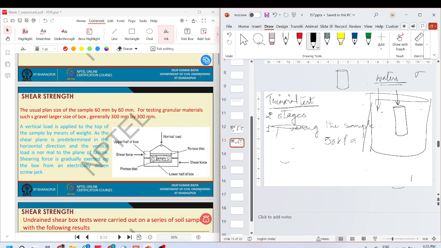We fill so much water that the specific pressure that we want to test the soil at is reached. This is called the first stage, the consolidation stage. So we are isotropically consolidating the specimen. This is called isotropic consolidation.